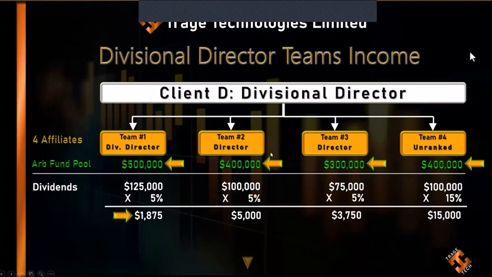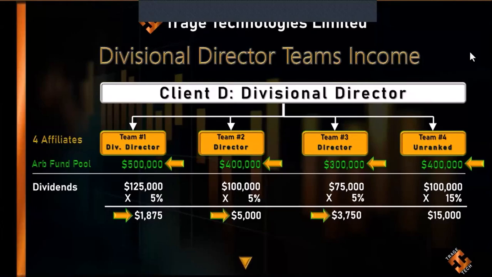About 25% of this 500,000 is about 125,000. You make 5% of 125,000 because you are now a division director. That's $1,875. This other leg has $400,000 in it, right? 25% of that is about 100,000, and you're making 5% of that. You're making $5,000.